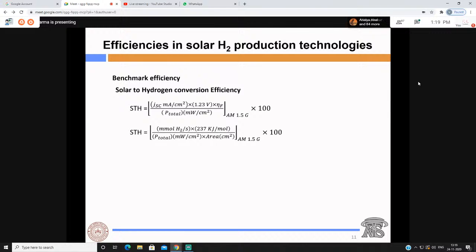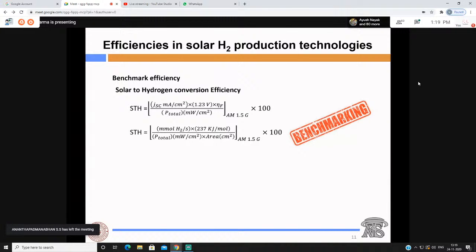And for application purposes, whenever we talk about anything, we always talk about a device. That is a practical thing, and that is directly utilized as a product. So there's always a competition between different firms about which company's product is better. That depends upon the solar to hydrogen conversion efficiency, and that's why it is a benchmark.